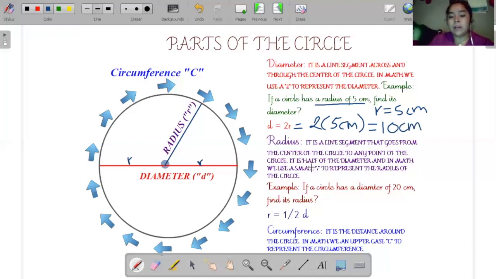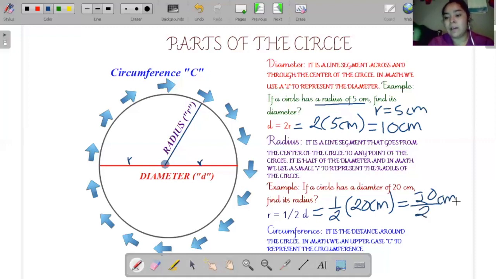On the other hand, if we have a circle with a diameter of 20 centimeters, what's the radius? We know that the radius is half of the diameter. So this is going to be half times 20 centimeters, which is equal to 20 over 2.